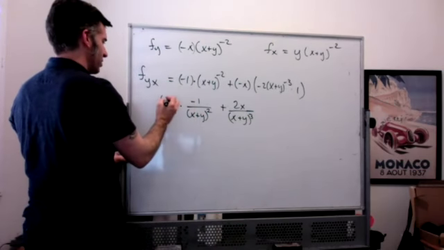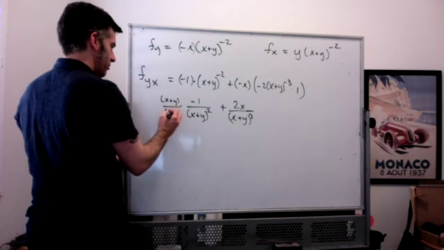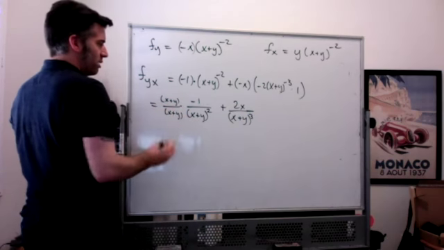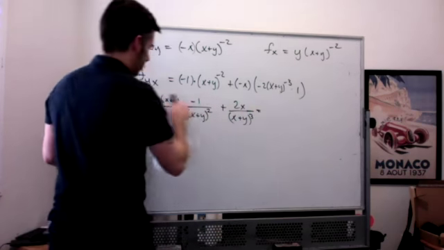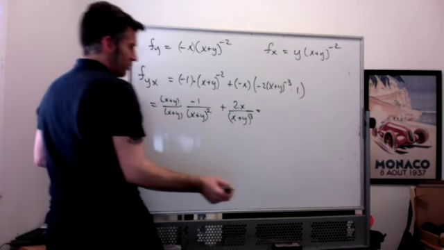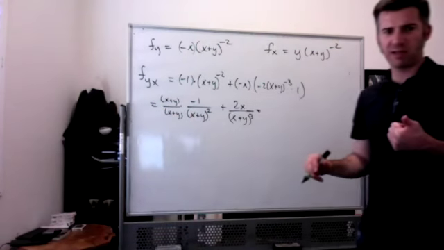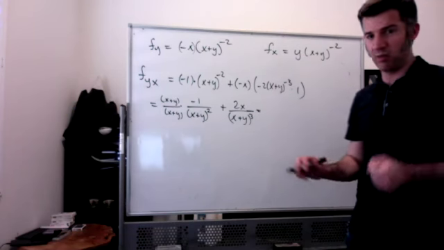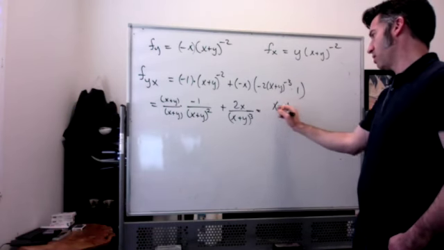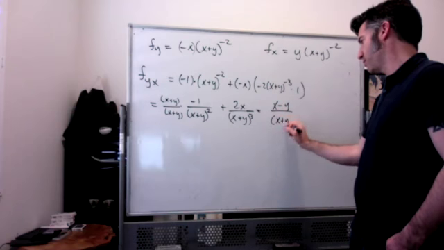I really should have just used the quotient rule. Oh well. To get negative x minus y plus 2x. Negative x plus 2x is x minus y. So we get x minus y over x plus y cubed.